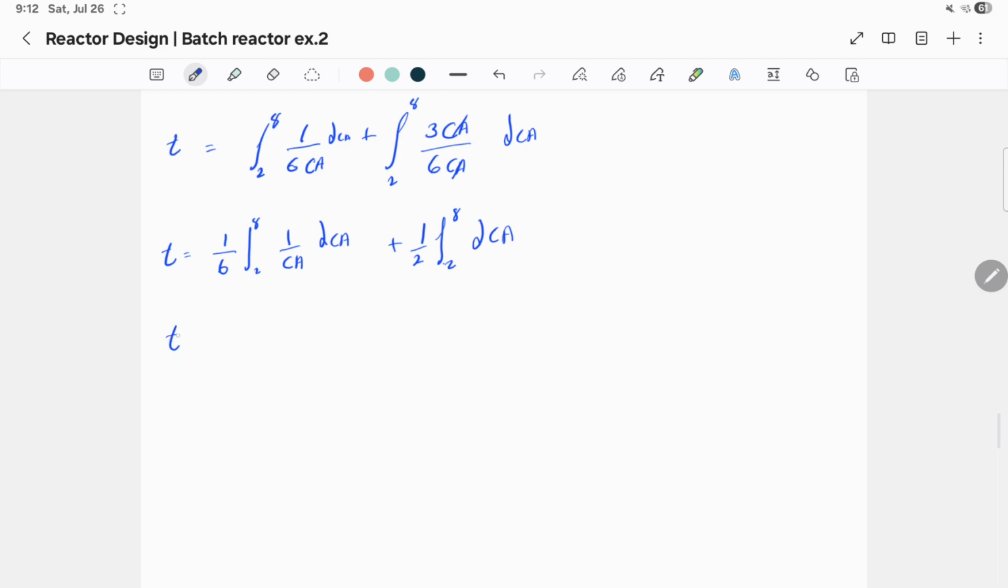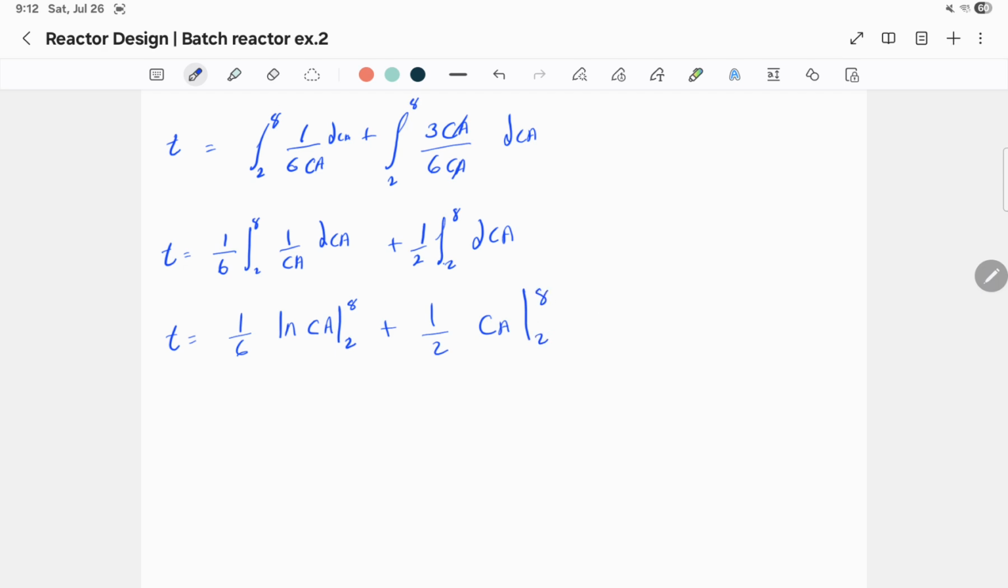That will give us T equals 1 over 6 ln Ca, limits from 2 to 8, plus half Ca, limits from 2 to 8.